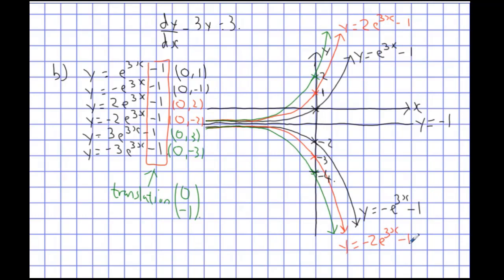And for the two green curves, we have y equals 3e to the 3x minus 1, and y equals minus 3e to the 3x minus 1. So now we have a family of curves which represent particular solutions for c equals plus or minus 1, plus or minus 2, plus or minus 3.